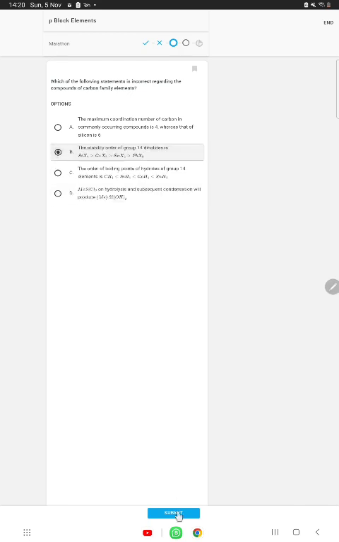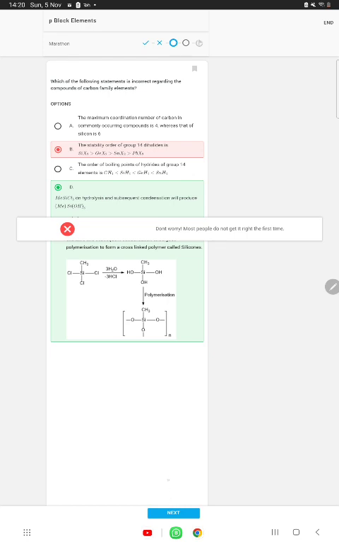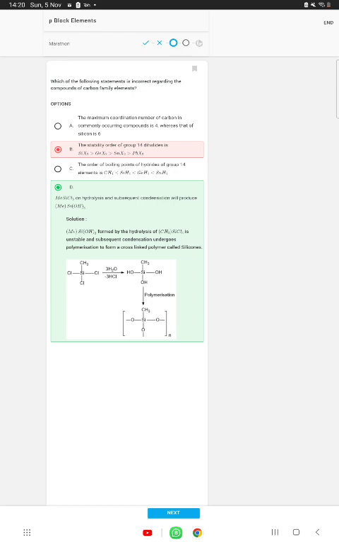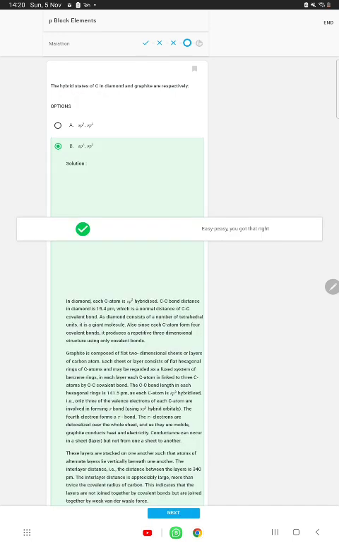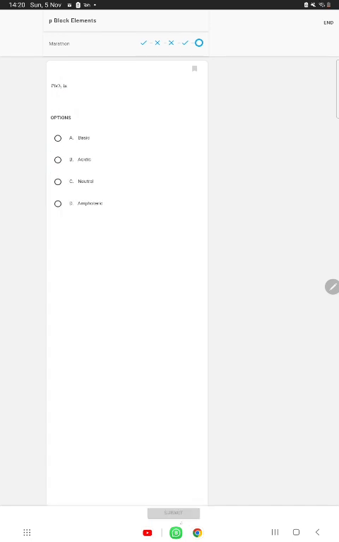So this one, option B. The hybridization of carbon in diamond and graphite: diamond sp3, graphite sp2. PbO2 has a +4 oxidation state, so it is an oxidizing agent, and amphoteric.